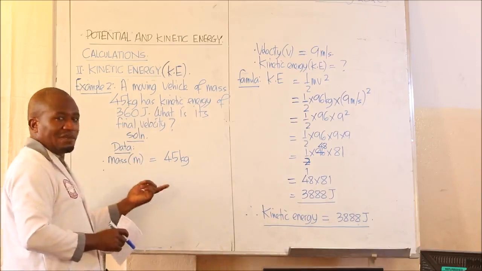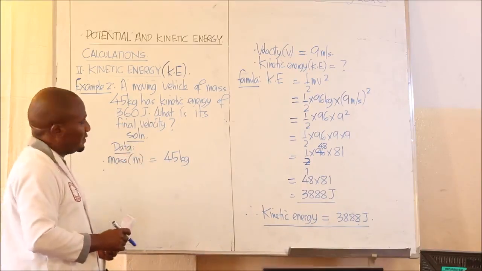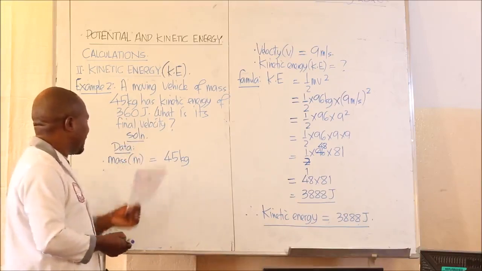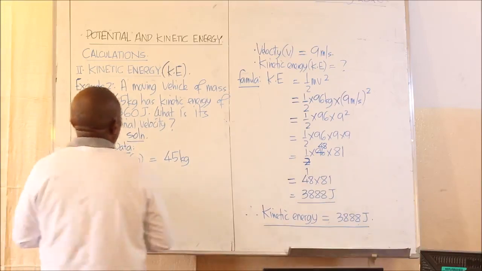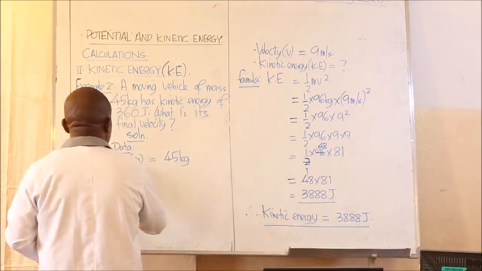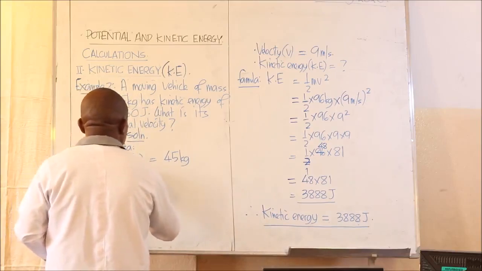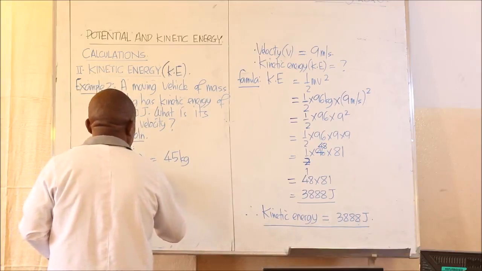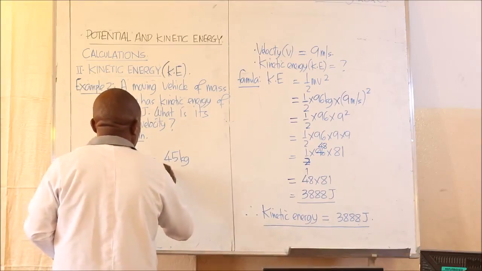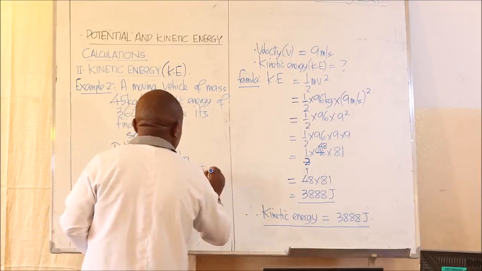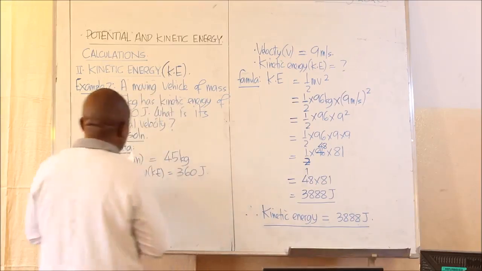The masses are normally big, like tons, so big numbers. 45 is a case. That's an example. And this vehicle has a kinetic energy of magnitude 360 joules.